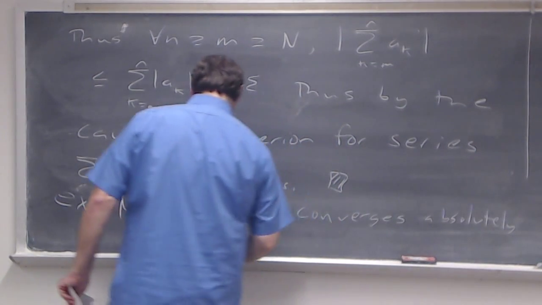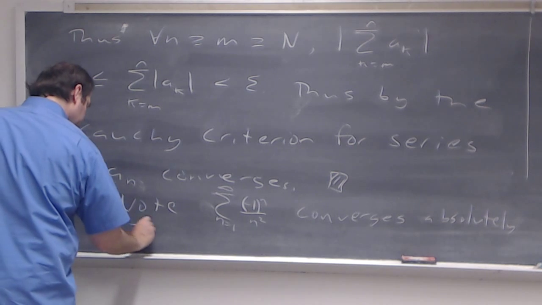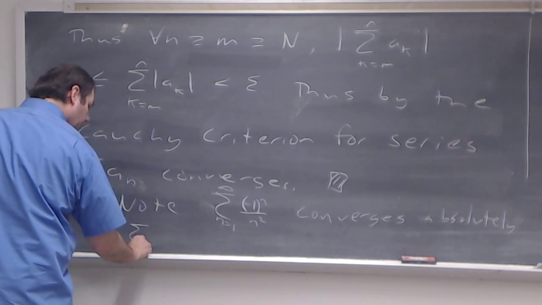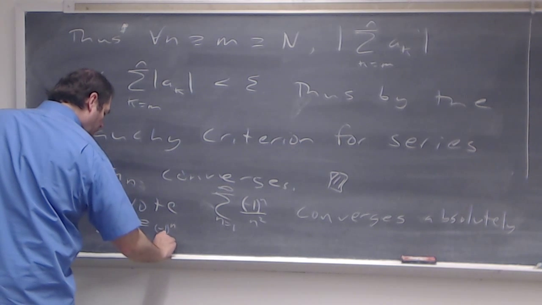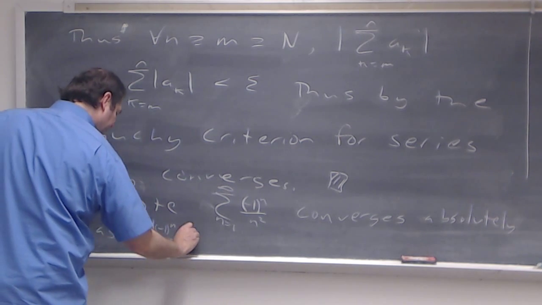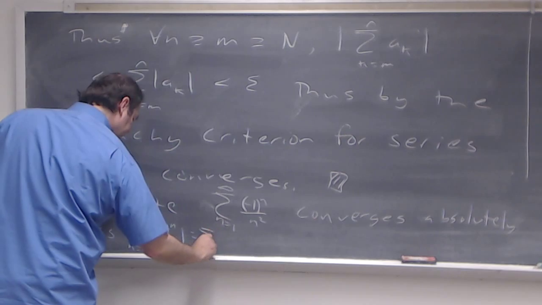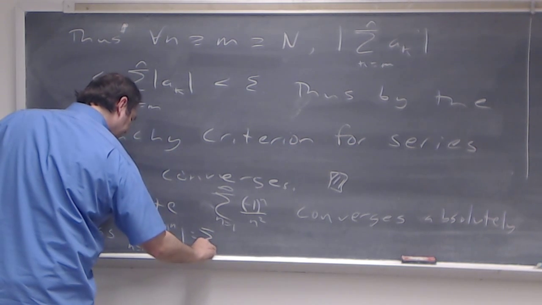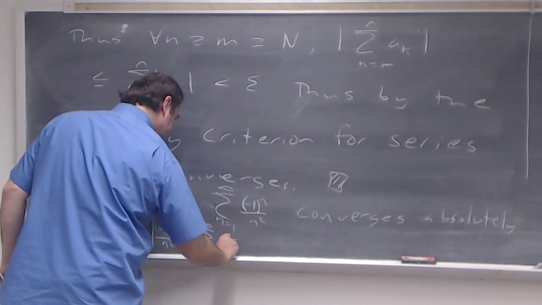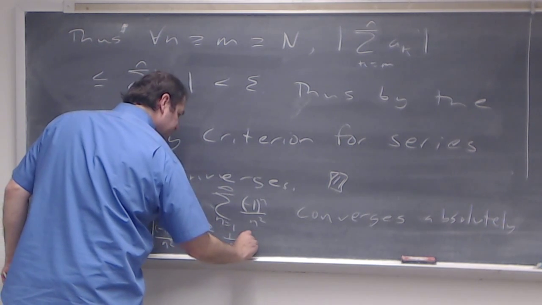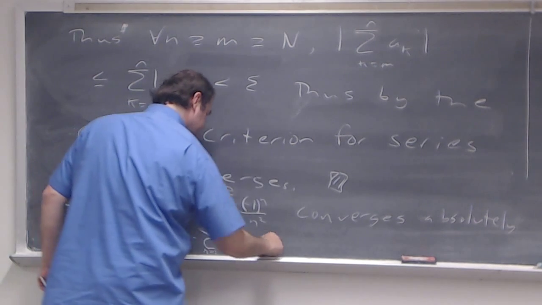That's because the absolute value of that series is equal to the sum as n runs from 1 to infinity of 1 over n squared, which is a convergent p-series.